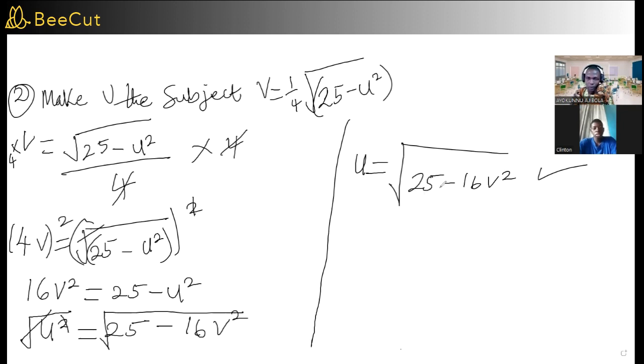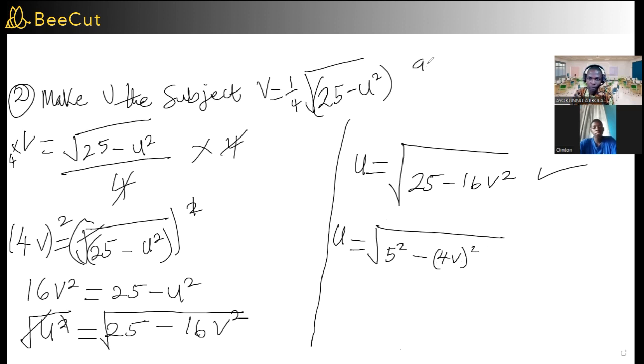So in another case, you might not see this in your answer. So let us see whether we can break this down. So u equal to, you know, 25 is 5 squared, yes or no? Yes, sir. Then minus, this can be written as 4v squared. Yes or no? Yes. So we have a square minus another square, and that is what is called difference of 2 squares.